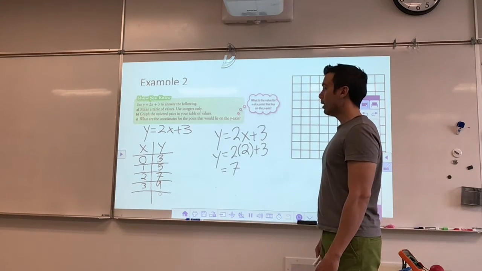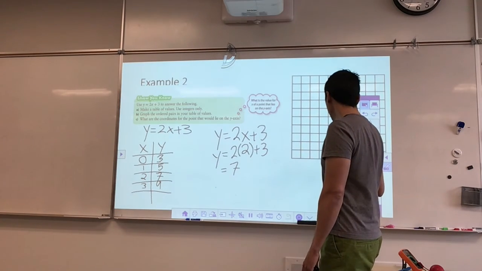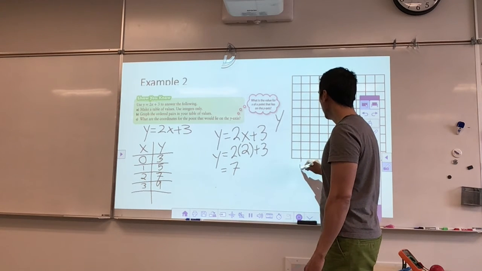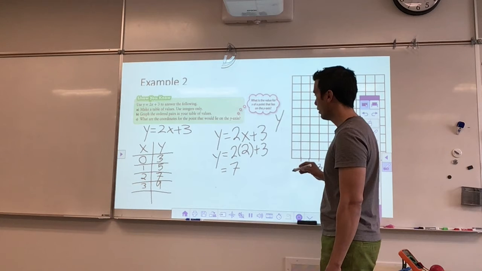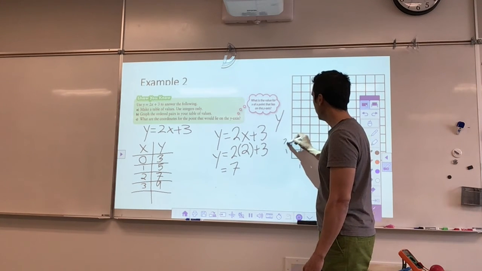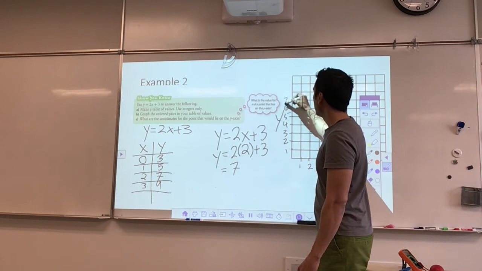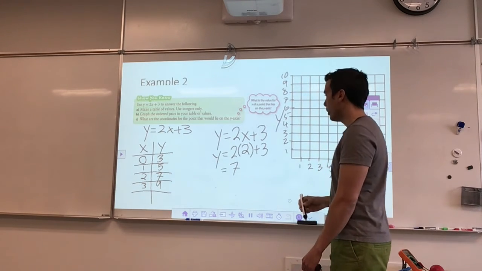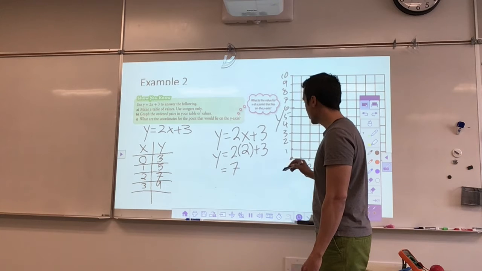So now I'm going to throw these puppies on a graph. There's x and y. 1, 2, 3, 4, 5. And 1, 2, 3, 4, 5, 6. Should just label every second one. Oh well. Okay, so this special point here, the origin is 0, 0.